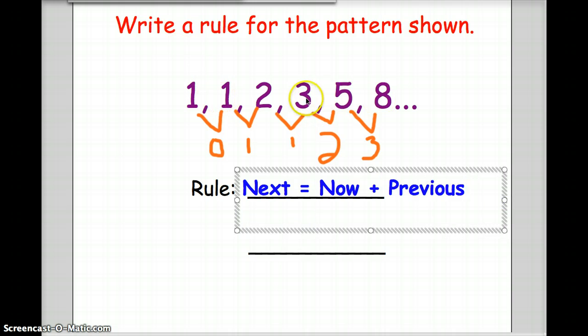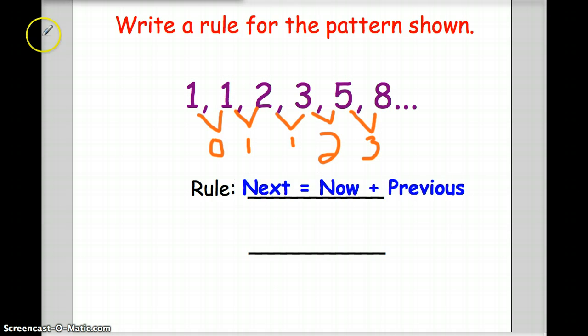If I'm starting at the number 2, 2 plus 1 gives me the next number, or 3. If I'm at 5, 5 plus 3 gives me 8. So to get to the next number, it'll be 8 plus 5, which is 13.